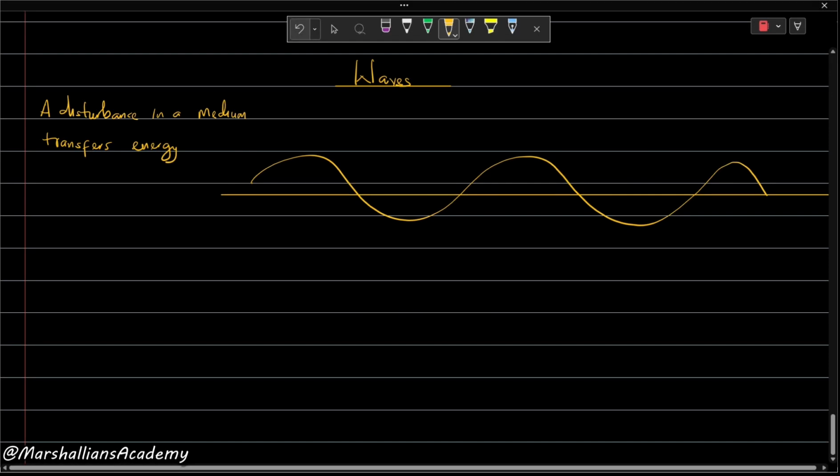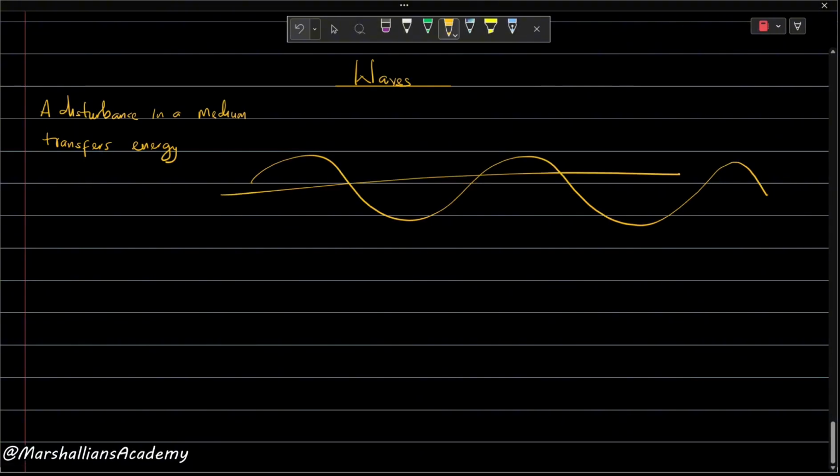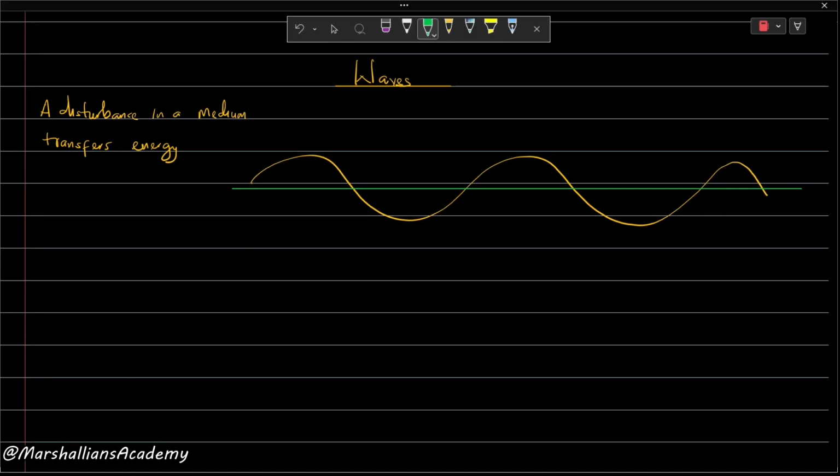Let me illustrate this for you. Now imagine this is a wave, or this is a depiction of a wave. What are some of the important characteristics of this wave?